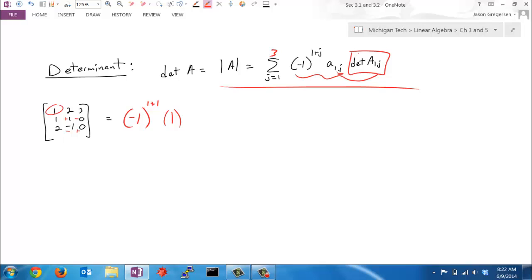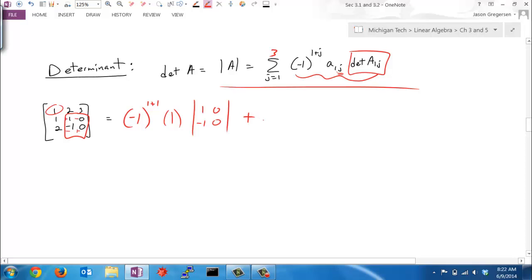So in this case we're working on j equals 1. So we're going to eliminate the first row, eliminate the first column, and we get a little submatrix in here. A little 2 by 2 that's left over. This little 2 by 2 right in here, which is 1, 0, -1, 0, times that determinant. So that's me evaluating that expression when j equals 1.